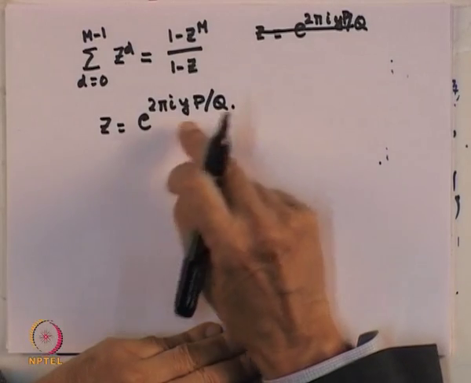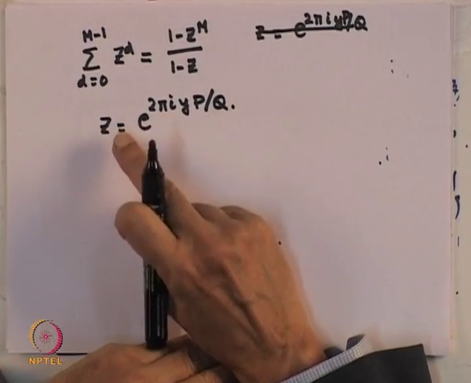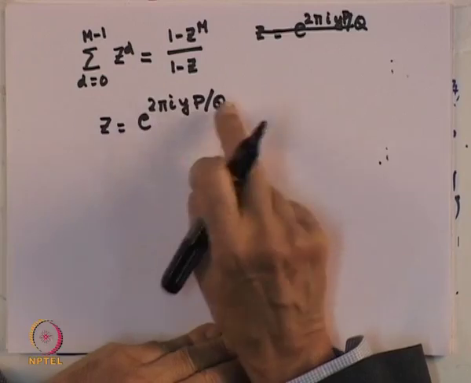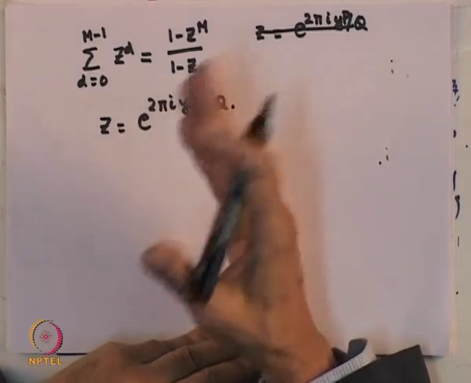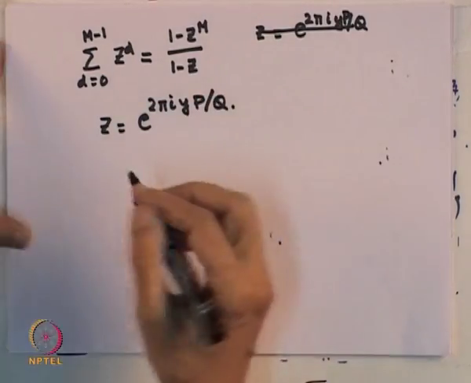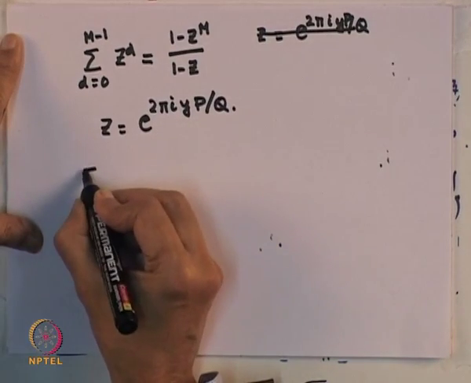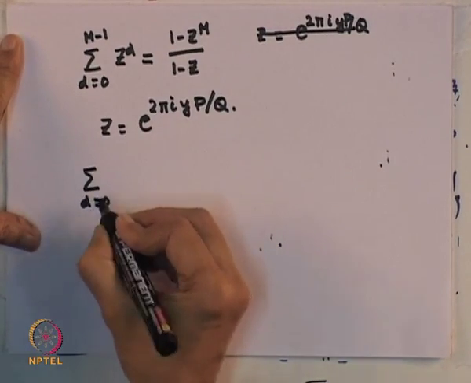Now please note that this z is unimodular because it is the exponential of i times something, and therefore I can express this sum in a slightly different way.